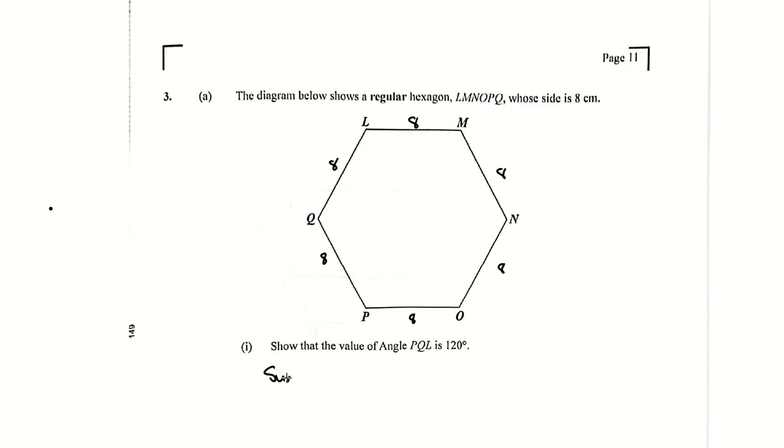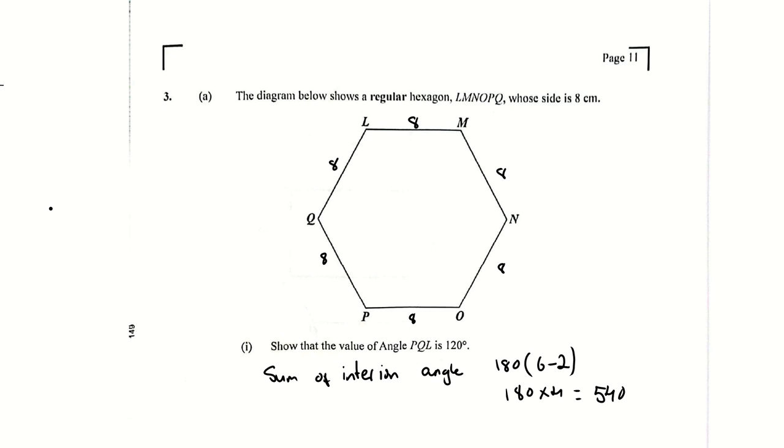Now we know that the sum of interior angles would be 180 times (n minus 2), which is 6 minus 2, so 180 multiplied by 4. That's not 540. 180 times 4 is 720.